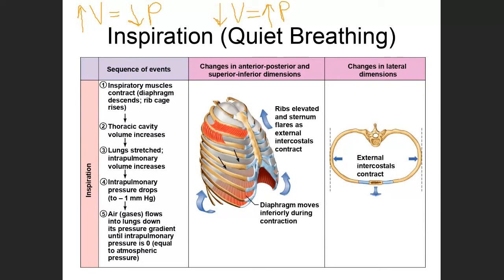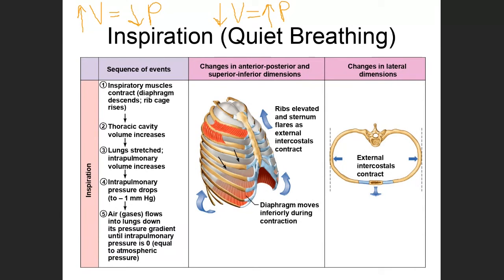All you have to do in order to be able to inhale, to get that negative intrapulmonary pressure, is increase the volume of the lungs so that you decrease the pressure within the lungs and drop that pressure below the atmospheric pressure. And when you do that, air is going to naturally move into that area of lower pressure. So with this first diagram here, what I've got represented for you is inspiration.